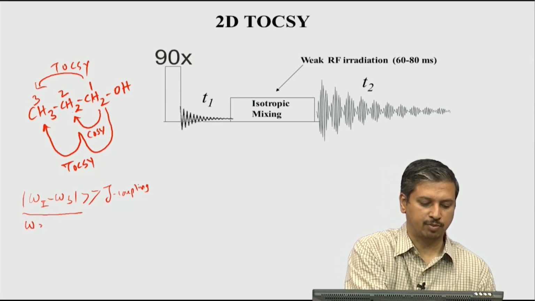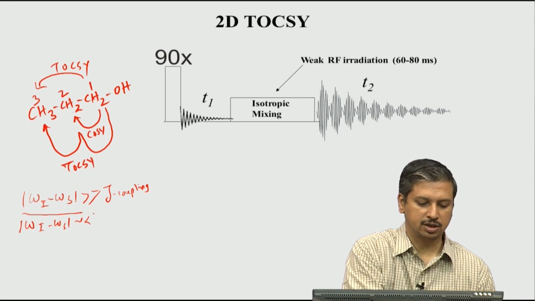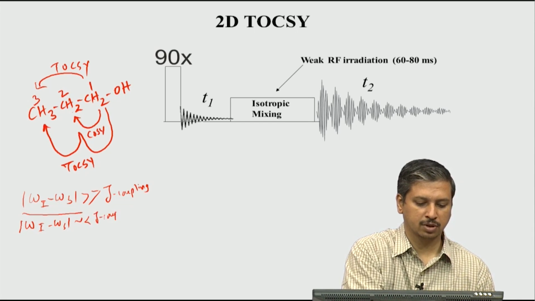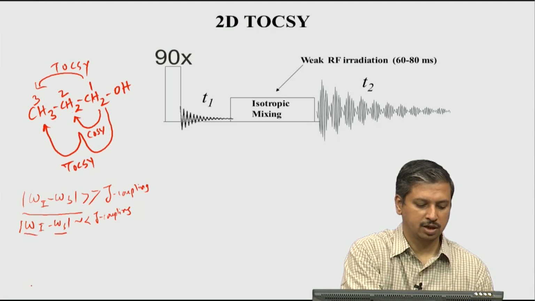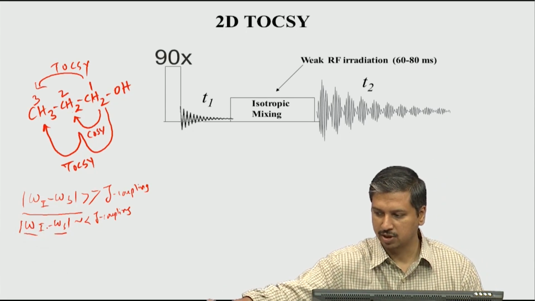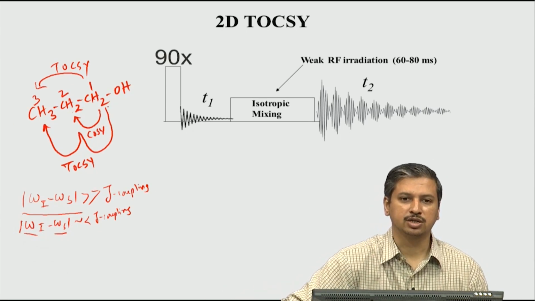But if the reverse happens, if omega I minus omega S is almost similar to or less than the J coupling, that means the two spins are so close by that the difference in the chemical shift is smaller than the J coupling.